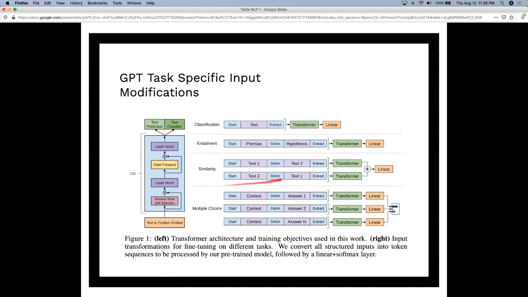It could be anything. The point is that whatever you get here has this dimension, so there is a fully connected layer of this dimension times your output dimension. That's how the model is augmented to solve this problem. Does that make sense?